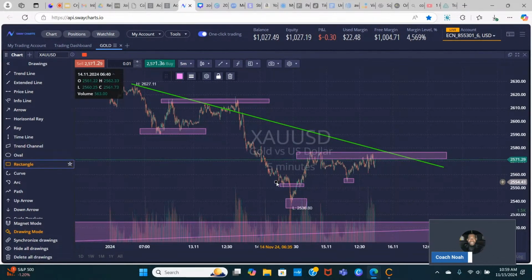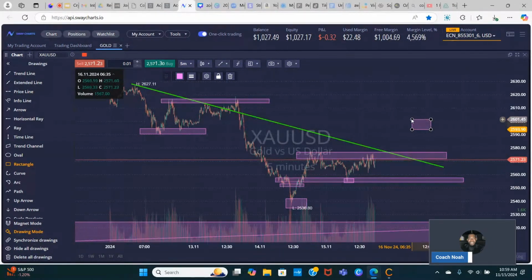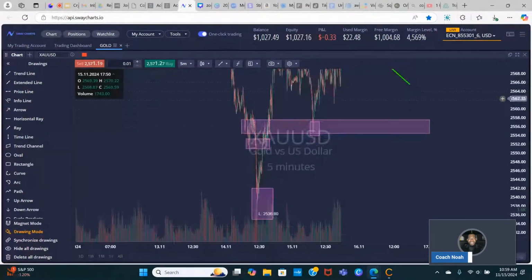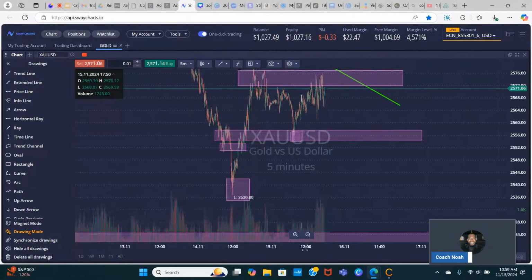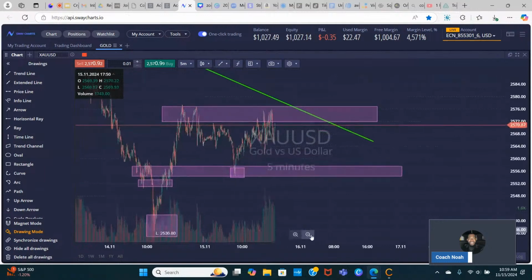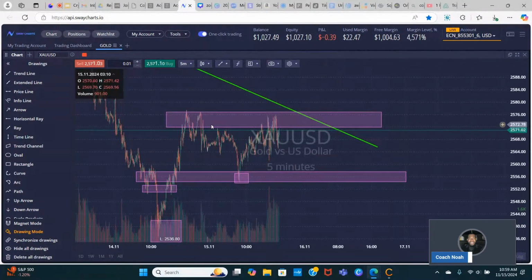And the bottom, okay, so let's zoom in a little bit. All right. So like I said, this top area will represent our resistance. This bottom shaded area will represent our support. Okay, so this is a zone that we're in for the 5 minute time frame.